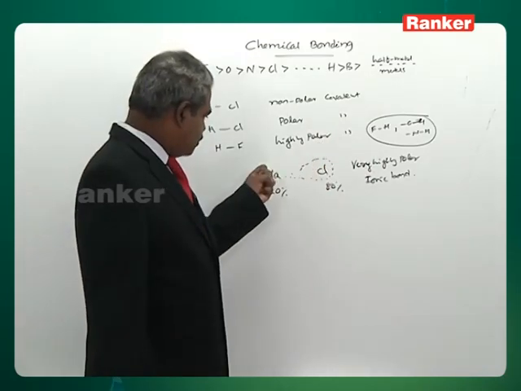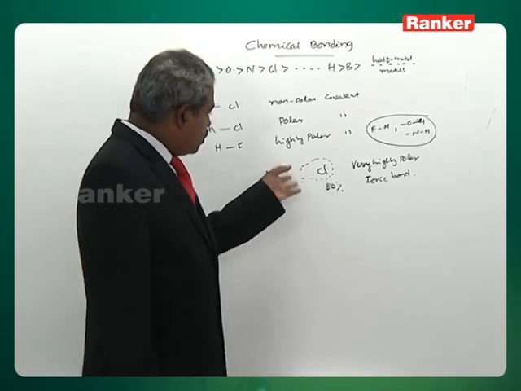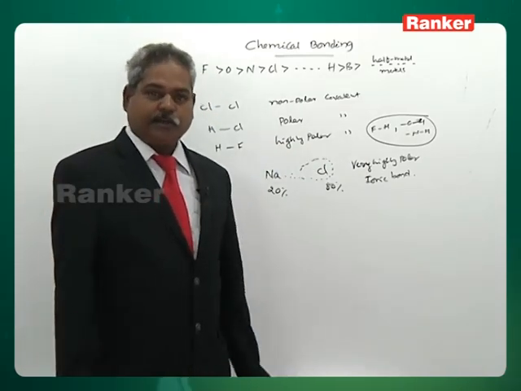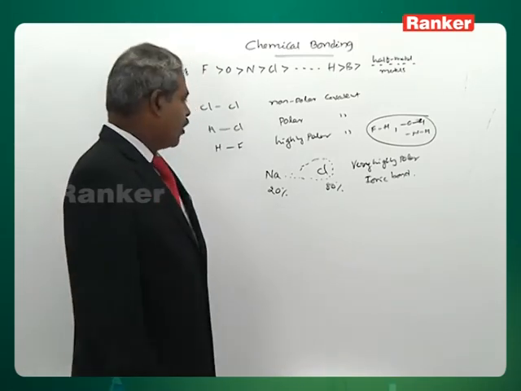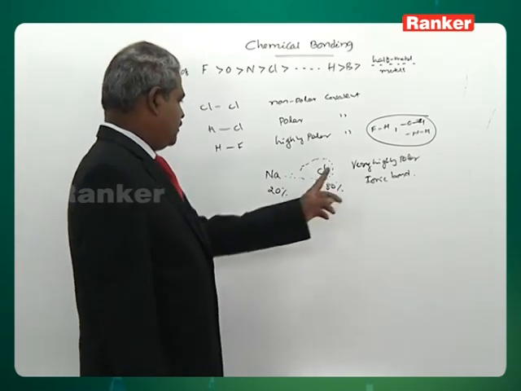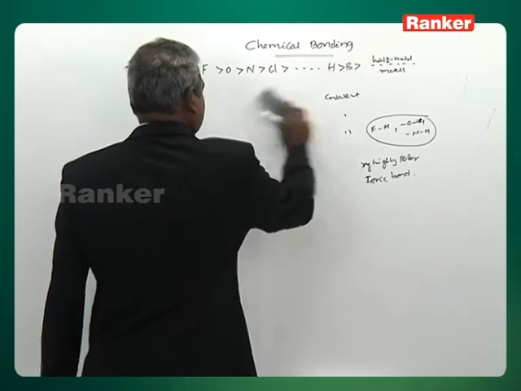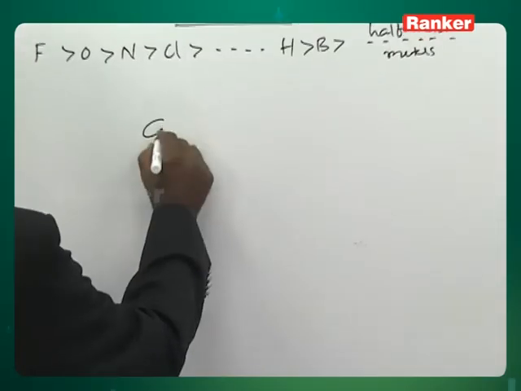Some of the charge will still be attracted towards this Na plus also. Depending on the percentage of charge transfer, you can decide whether something is highly ionic, highly covalent or highly polar. Okay, this is it. So, classification: covalent bonds are 4 types. Covalent bonds.